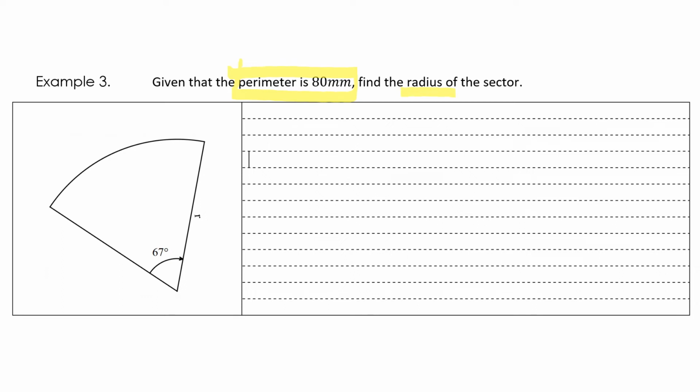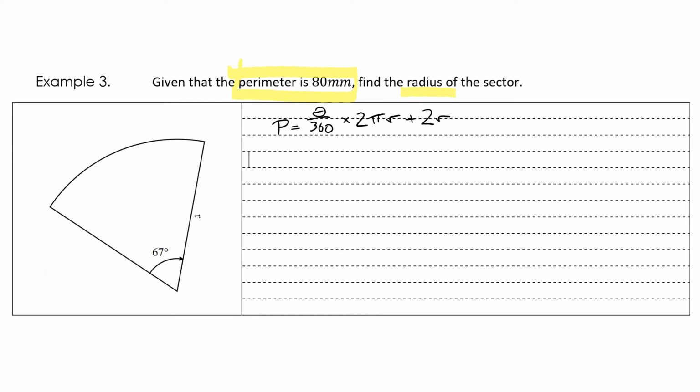So we're going to start with our formula. Our formula for perimeter would be theta over 360 times 2 pi r plus a radius plus a radius. Actually, we'll just write plus 2r, 2 lots of the radius.